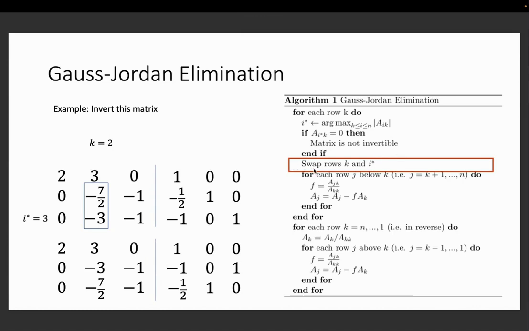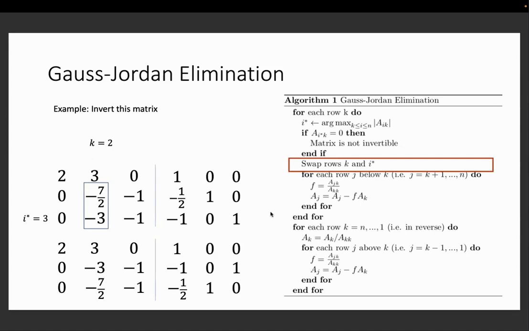And then in the next line we need to swap rows k and I star because they are different, and then we just need to swap the second and third row here in this line.